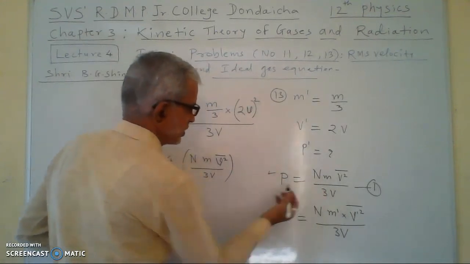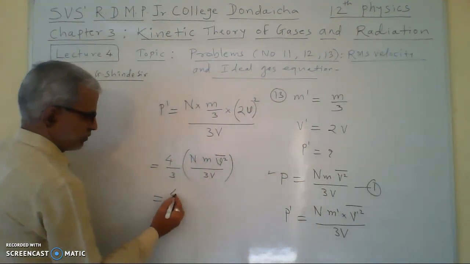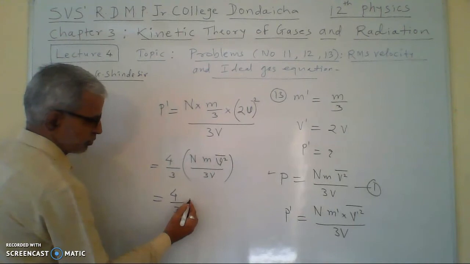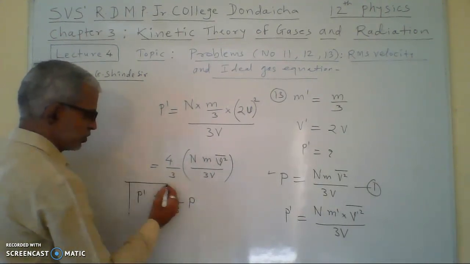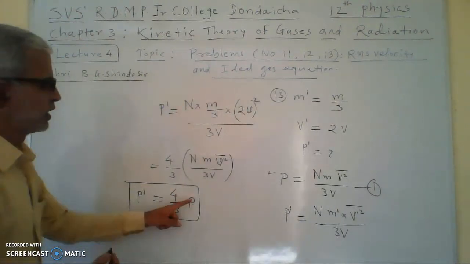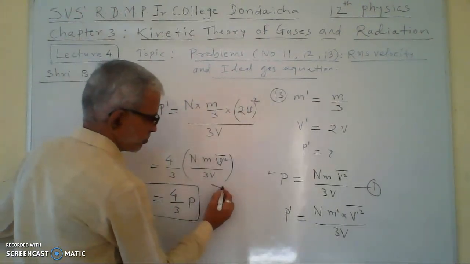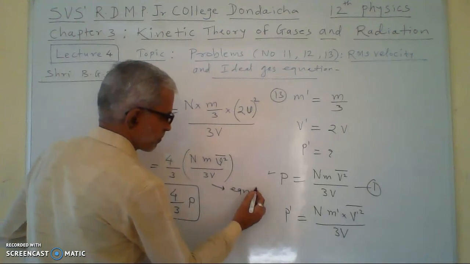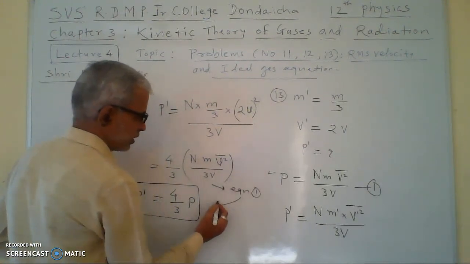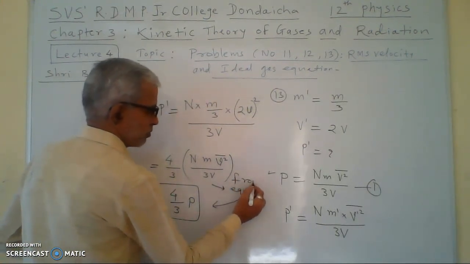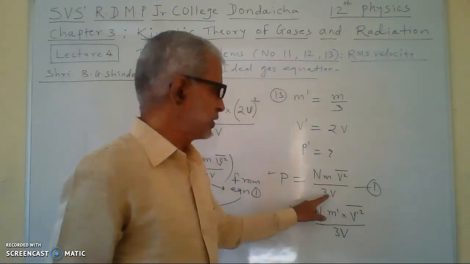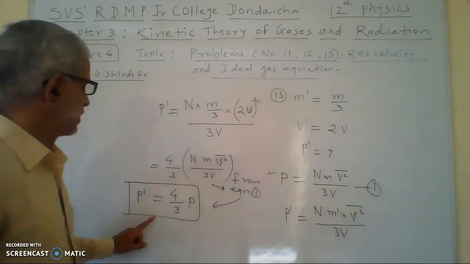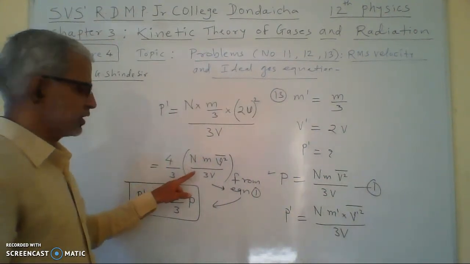This is equation 1, and put that value here. This will be 4 upon 3 multiplied by P. So P dash is equal to 4 by 3 into P. From equation 1, put the value of n m v square bar upon 3V equal to P in this equation.